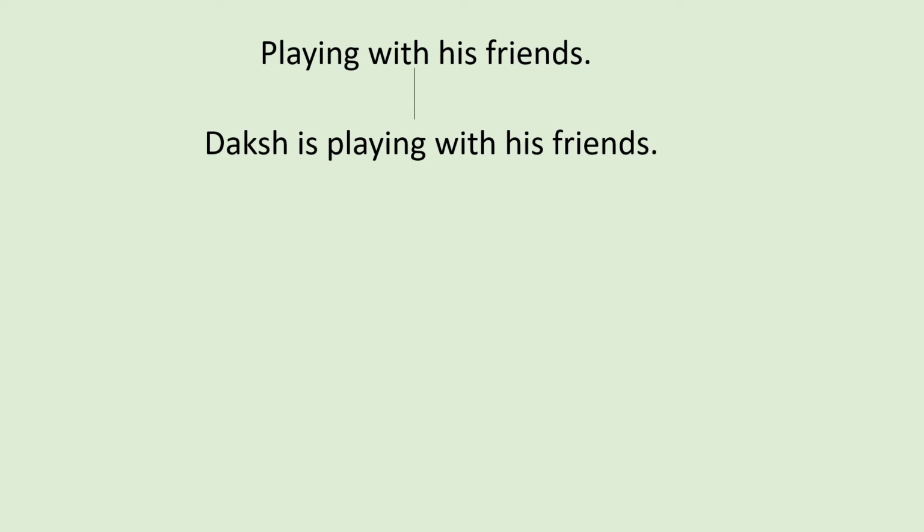Now if you look here, you will see Daksh is playing with his friends. Now this makes complete sense because it has a naming part and a telling part. Now remember, children, every sentence must always begin with a capital letter and it must mostly end with a full stop.